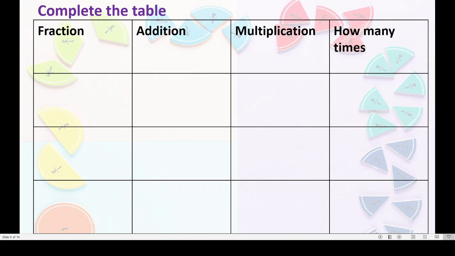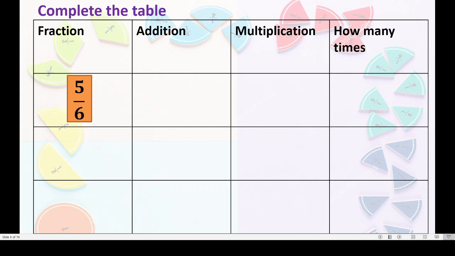See here. Complete the table. Fractions. Same fractions we have to write in addition form, then multiplication form. Then we have to tell how many times we have multiplied. Okay. See the first example, 5 upon 6. You know what to add here and how to add.